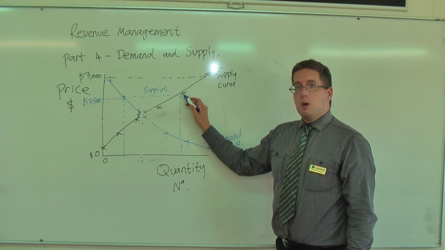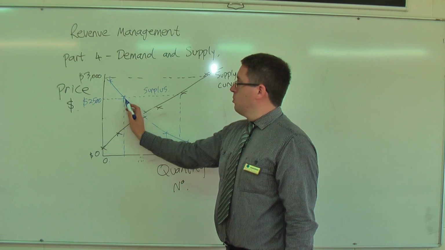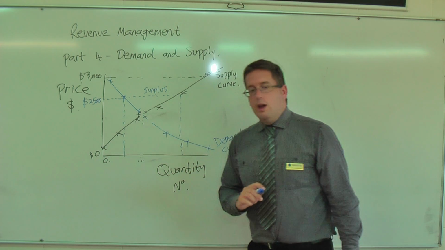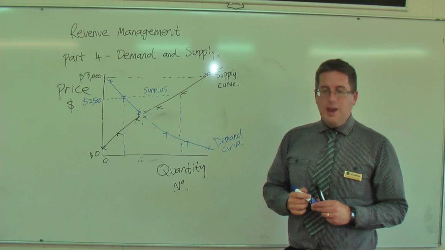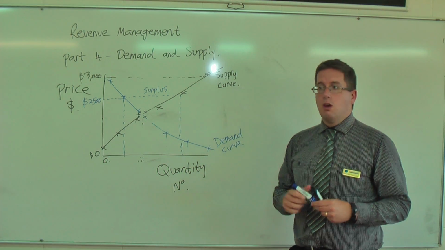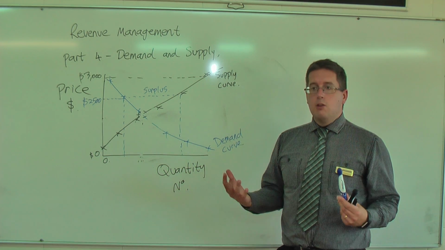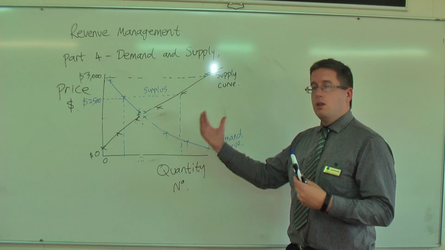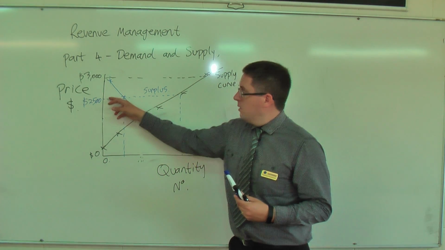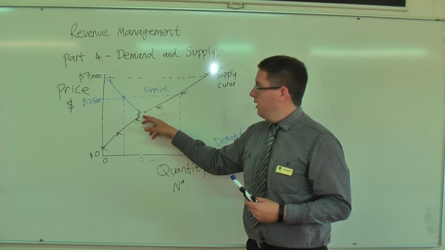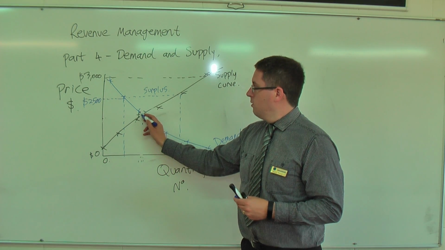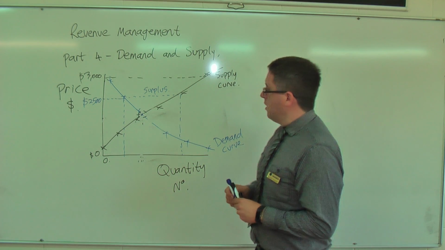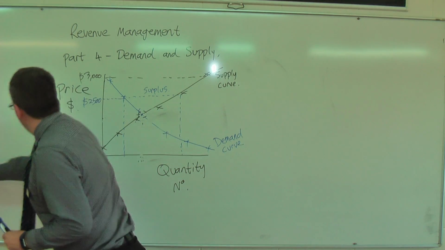Apple will make this much, but consumers will only want to buy this much. That's what's called a surplus. They've made too many items. They go, oh no, we've made too many items, we need to keep reducing the price. So, free market comes in, they go, right, keep on dropping the price point, and hopefully they'll get back to the happy market equilibrium.